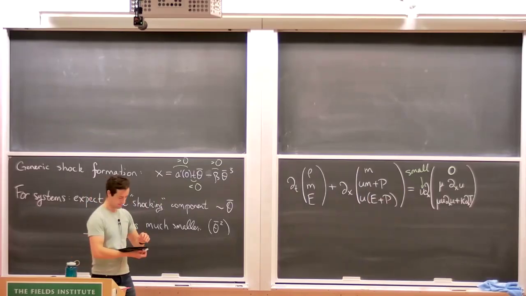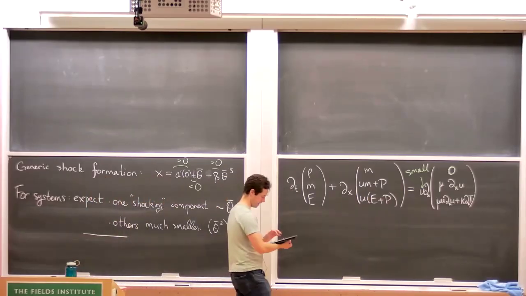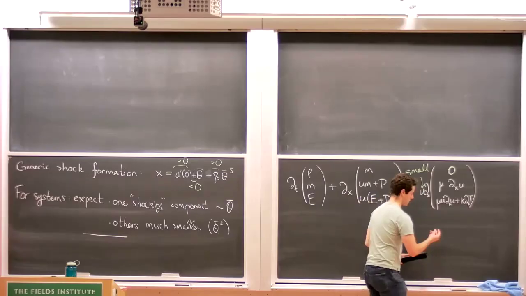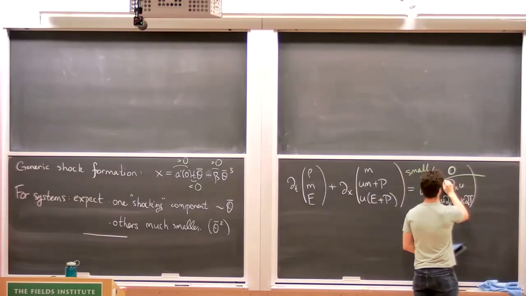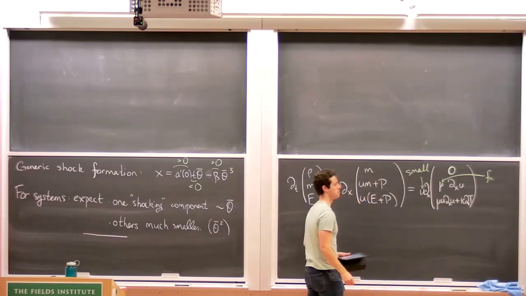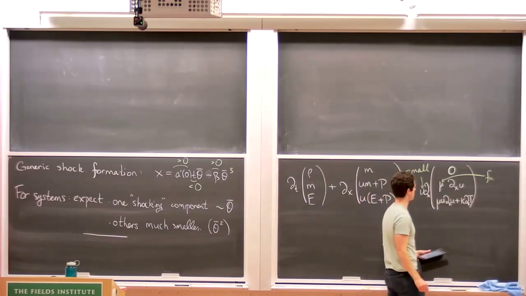And let me make sure I get the language right. Yeah, so mu is what's called the dynamic viscosity in fluid mechanics. And one can take it to be constant. It's not really necessary for the analysis I'll lay out.